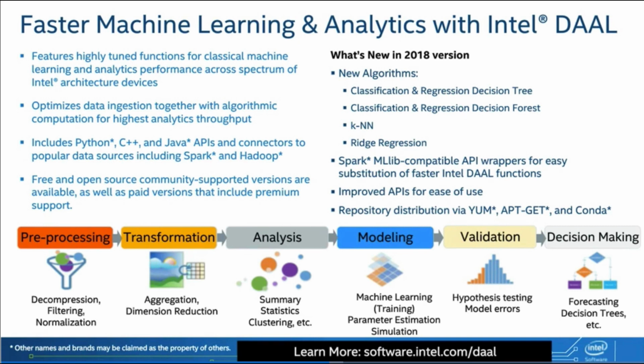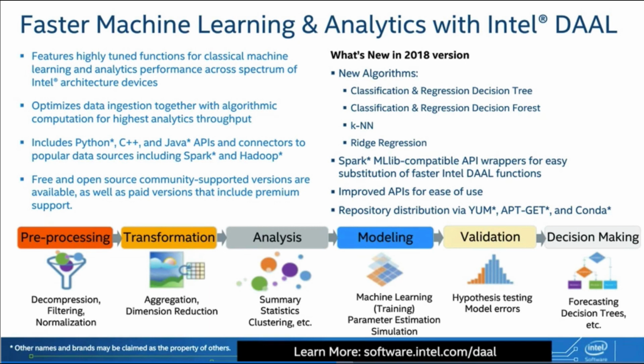These use Python, C++, and Java APIs and connectors to other different sources, including Spark and Hadoop. We have free and open source community supported versions that are available, as well as paid versions to where you can get access to an engineer on our team that can help you out with any aspect of your data analytics pipeline. Pre-processing, transformation, analysis, modeling, validation, and decision making.